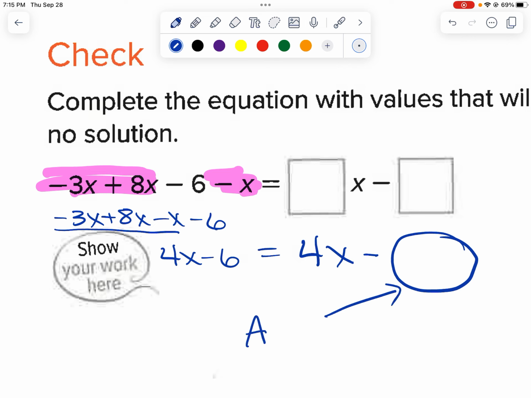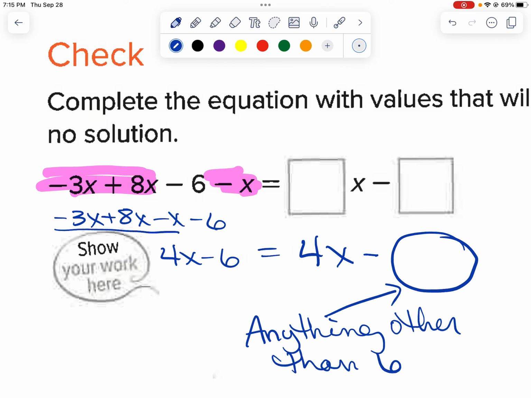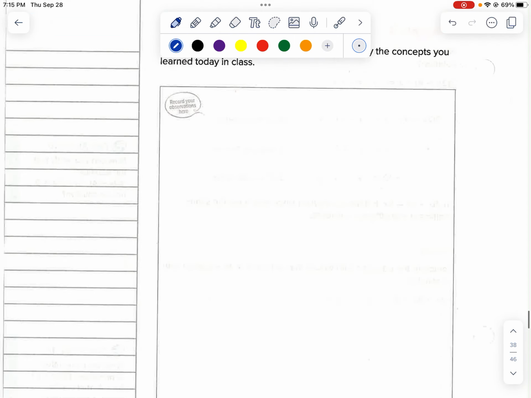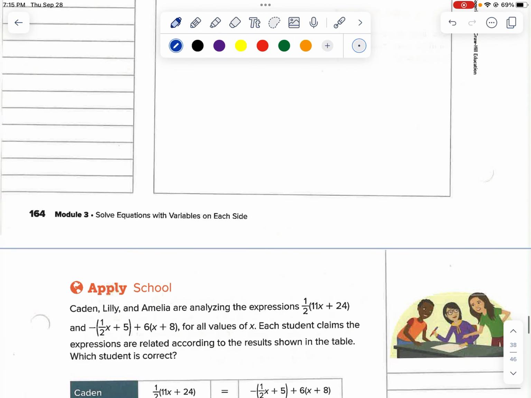So this is anything other than 6. It could be 3, it could be 5, it could be 9, whatever. It could be the negatives of those. It just can't be 6. Okay, there we go.